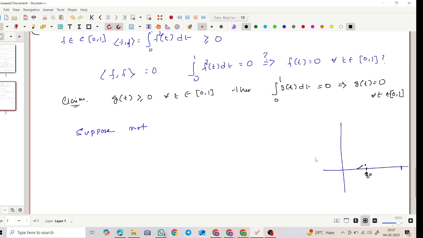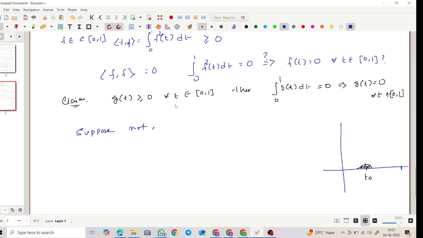Maybe we can write it t naught. Since g is always non-negative, g(t naught) is positive. There will be an interval in which g(t) is positive because of the continuity. So the area, this integration, is non-zero and will never be 0.